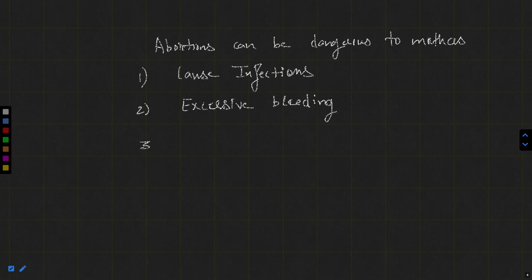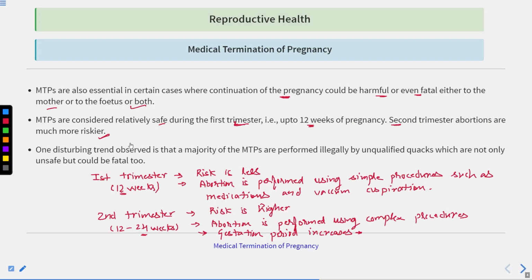Then third one, it can cause damage to the reproductive organ. Okay, this is clear.